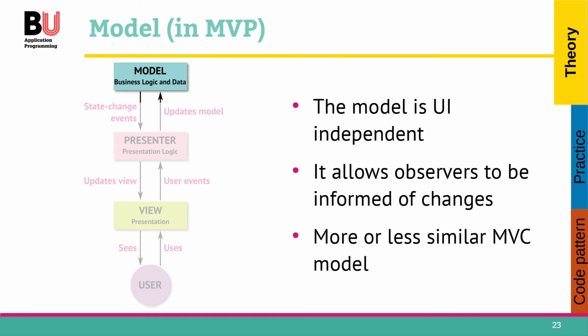But of course it can say, if there's a change, I will call this. You can register a callback, a listener, to that. So the observer pattern is very, very important in UI code. The model can just say, if I change, I will tell you, and I might tell you how I changed. But in many ways, it's similar to the MVC approach.